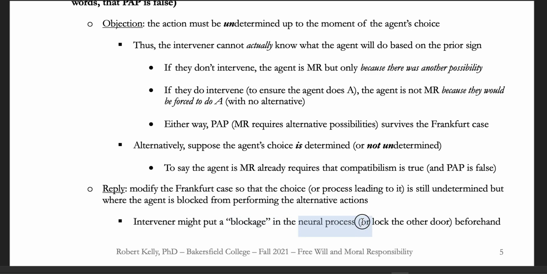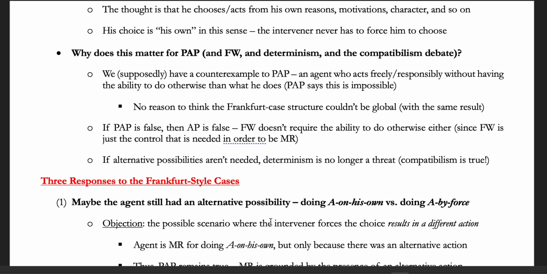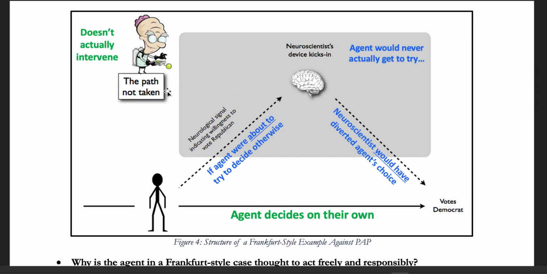So they can still engage in this process. It's still undetermined, right? They can still do either process. But if they do the B process, it's going to get blocked at the end, and they're just going to have no choice but to do A. But they don't do that process. They just choose A. So it looks very similar, but the blockage thing is basically saying the neuroscientist, the intervener, doesn't wait around.